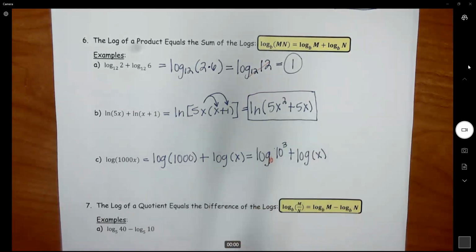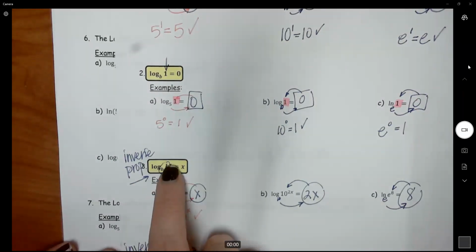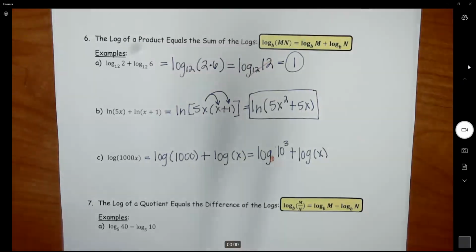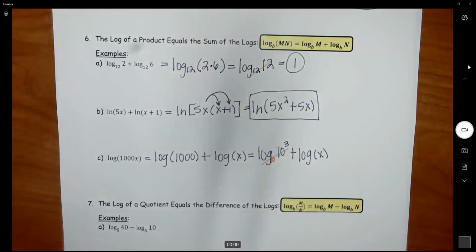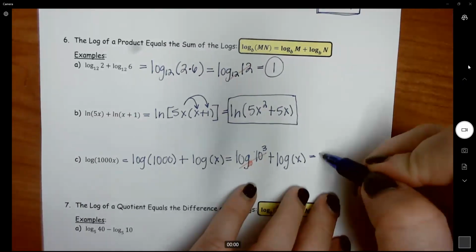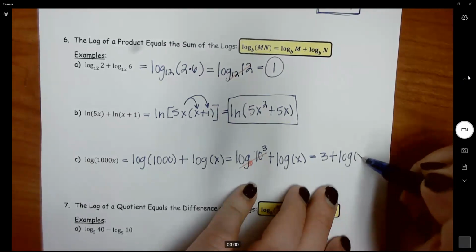And so this is another property that we went over. When you have log base b of b to the x, these cancel and you're left with what the exponent is. So this cancels. So my final answer is 3 plus log of x.